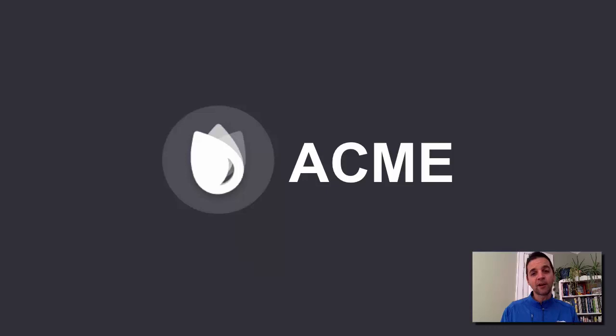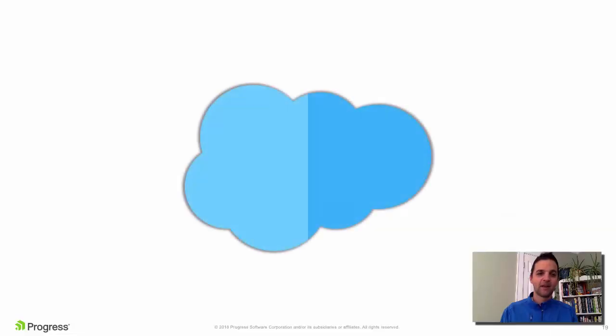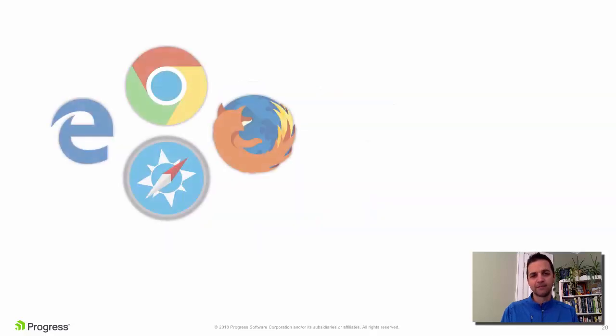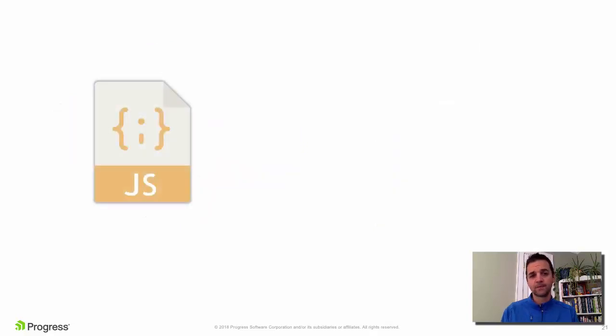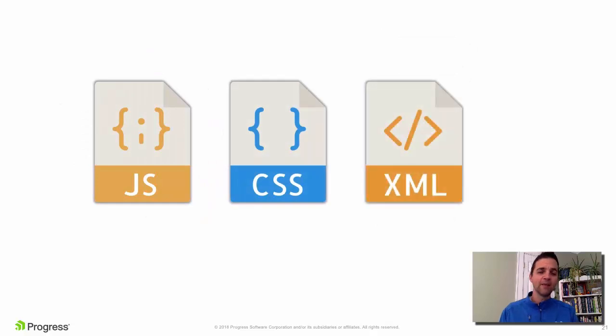All right, so today we're going to be presenting you a very real scenario with a very fictitious company, Acme. Acme already has a customer ticketing system in Salesforce, but they need a better interface for that data. They need a web app, and they need mobile apps for iOS and Android. The apps need to be fast so their end users can be productive, but they also need the development of said apps to be as quick as possible too.